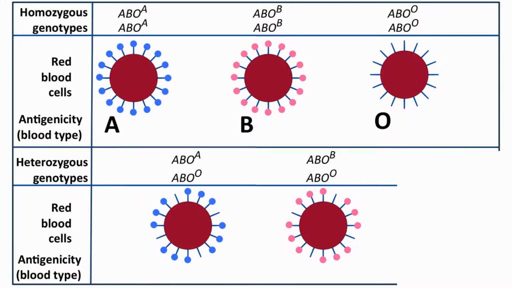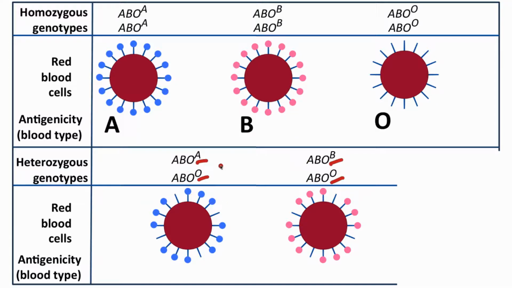What about other situations that we talked about? Well, we talked about the ABO blood type system, and we considered three different alleles, A, B, and O. And the heterozygote phenotypes that apply in this situation are the phenotypes for individuals who are heterozygous for an A allele and an O allele, or a B allele and an O allele, because these individuals have the same phenotype as the A homozygote or as the B homozygote.